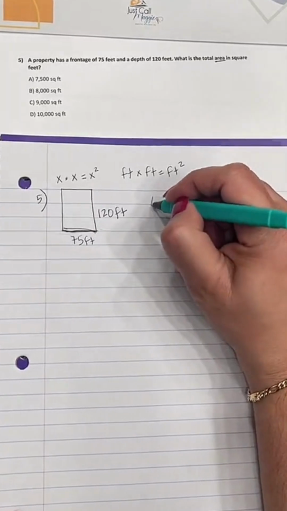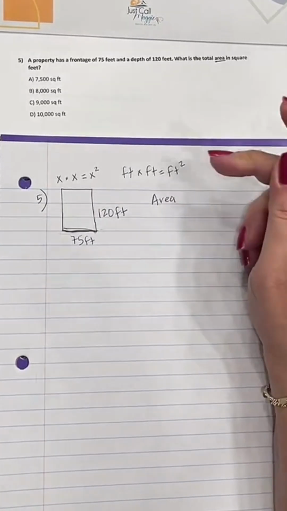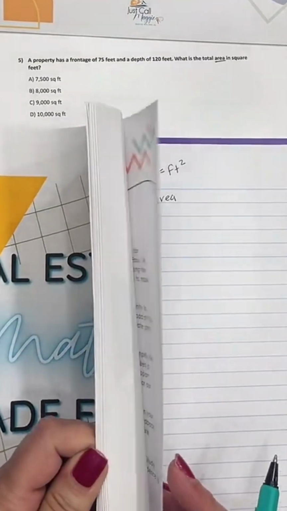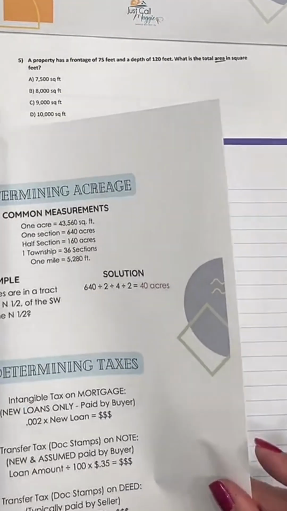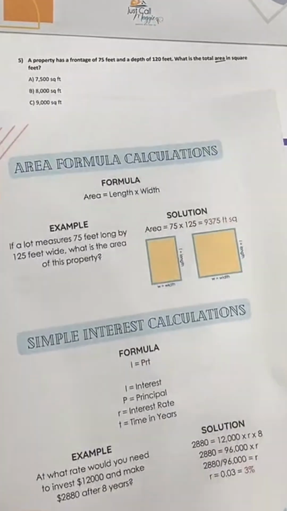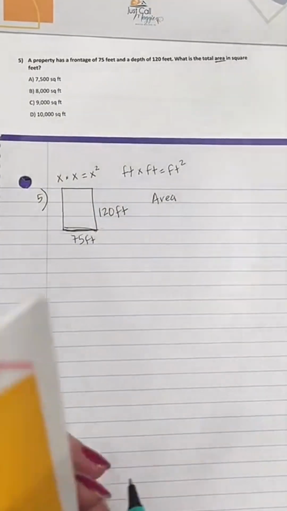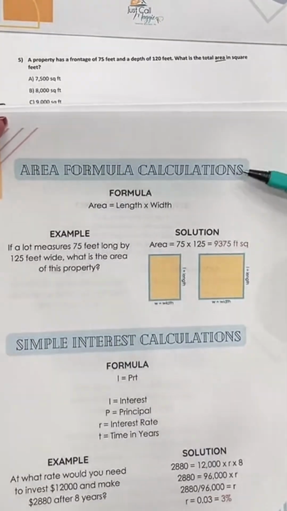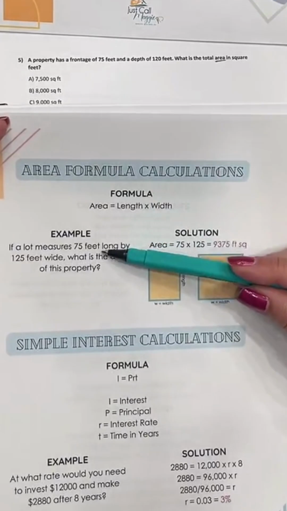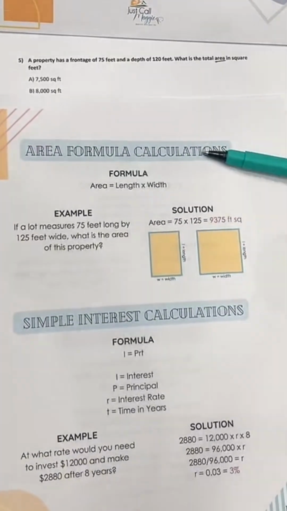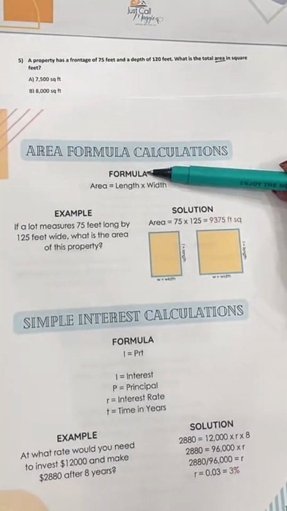Now, to solve for area, if we go to our trusty dusty little study guide and we go to page 12, in area calculations, on page 12, area formula calculations, you'll see the formula there.